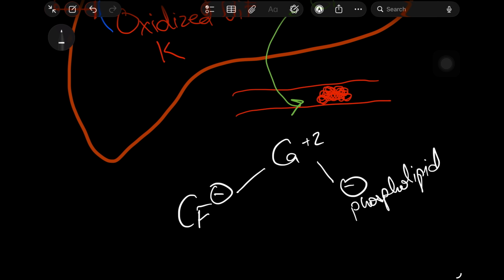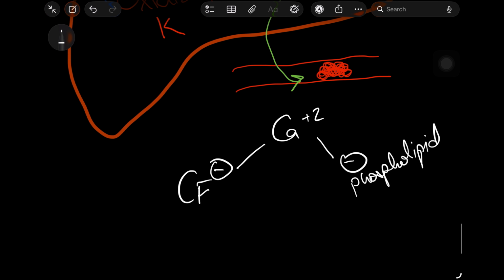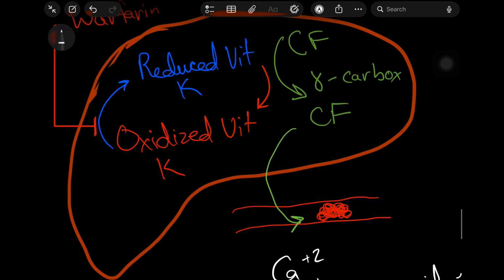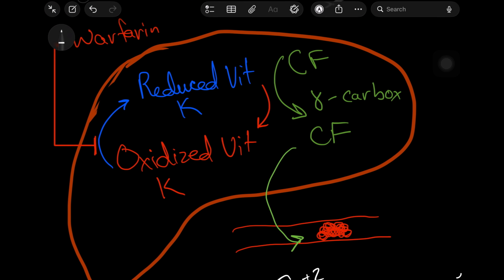So you have this little mini bridge that's now forming, and this is not just occurring with only a few molecules, this is occurring all over. So one could imagine how a coagulation cascade could occur.